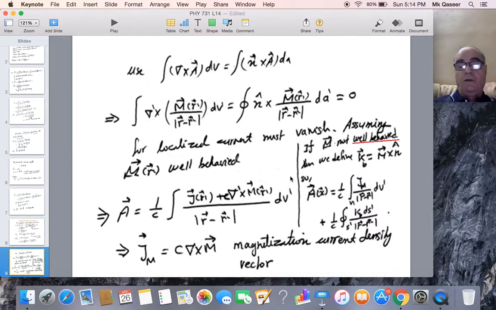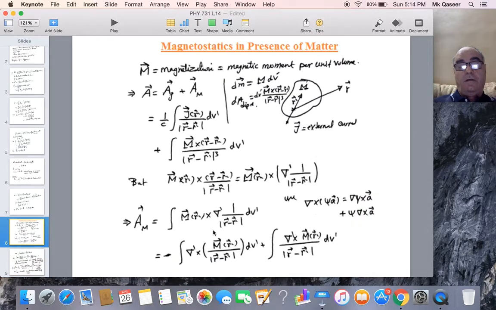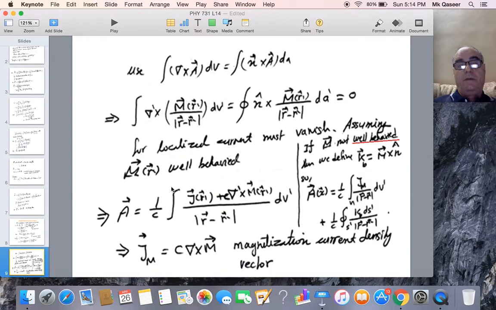Now using this theorem, the integral of curl A dV is the integral of n cross A dA, we go from a volume to a surface integral. The first term can be written in this form and converted to a surface integral, which is 0 for a localized current, assuming that M is a well-behaved function.